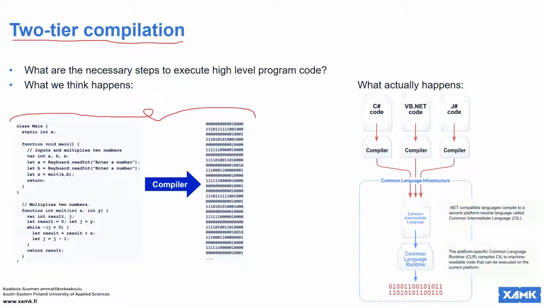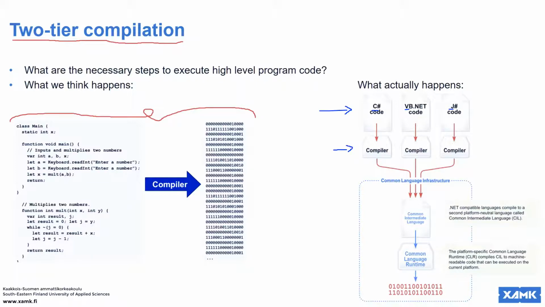What actually happens is that we have at first some high-level code. It could be in different programming languages, say C# or Visual Basic, or even something called J#. This code then goes through a compiling stage.